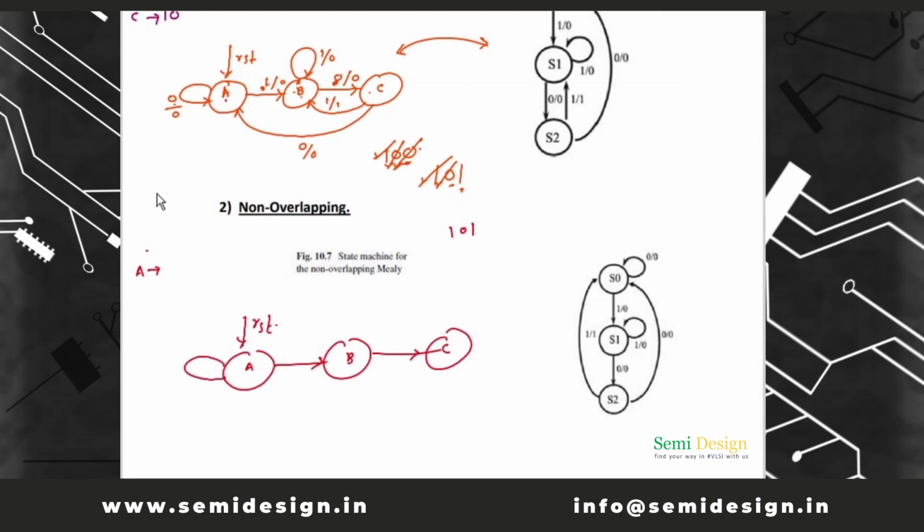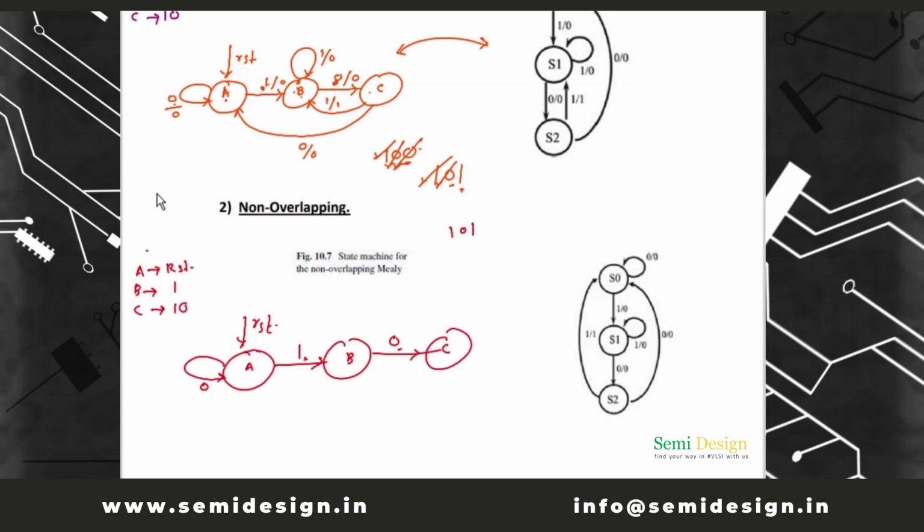If 0 is here, it will remain in same state. Now make a table. A is reset state, B is 1. Okay, see this 1, C this 1 and 0. If you make this table, it becomes quite easy for you to draw any FSM, and this is what the shortcut trick is.